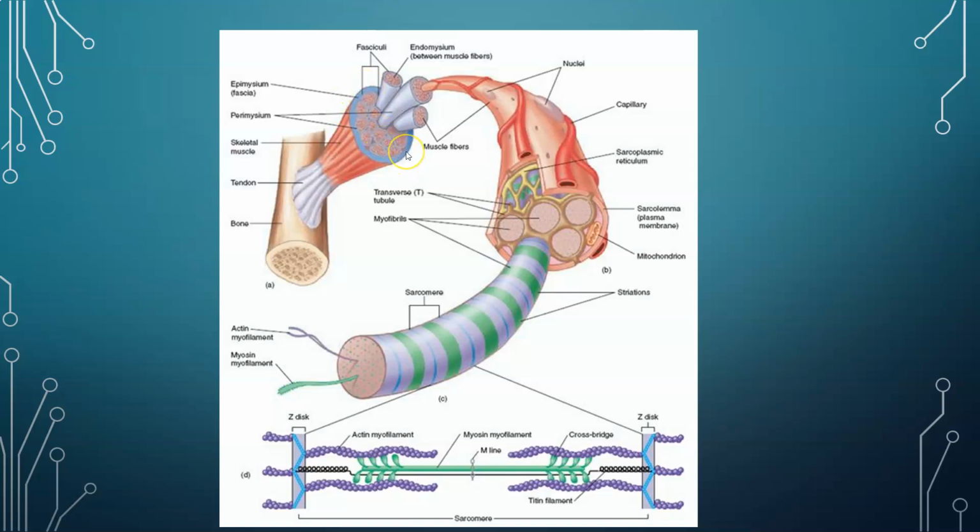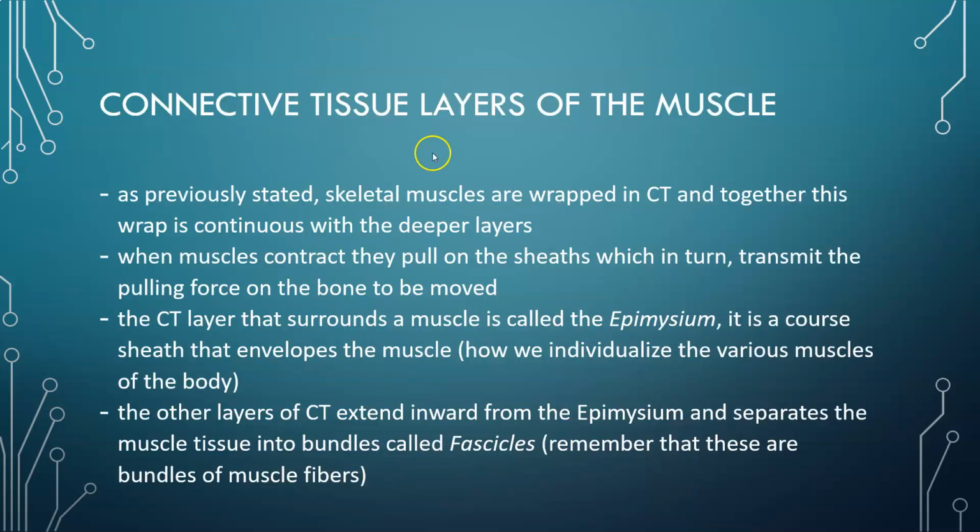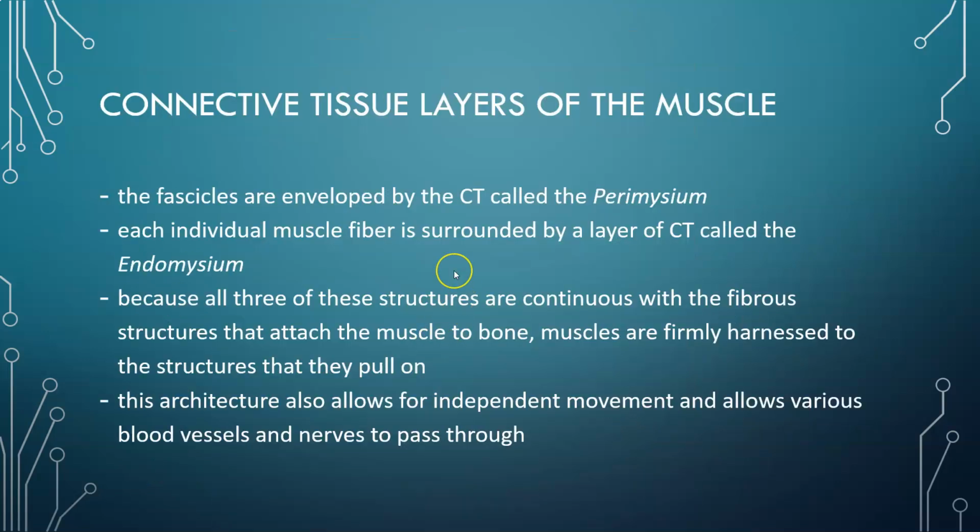It in turn goes deep into the muscle and separates bundles of fibers. These bundles surrounded by connective tissue are called fascicles or fasciculi. So we can say that this epimysium does go in and create these bundles called fascicles.